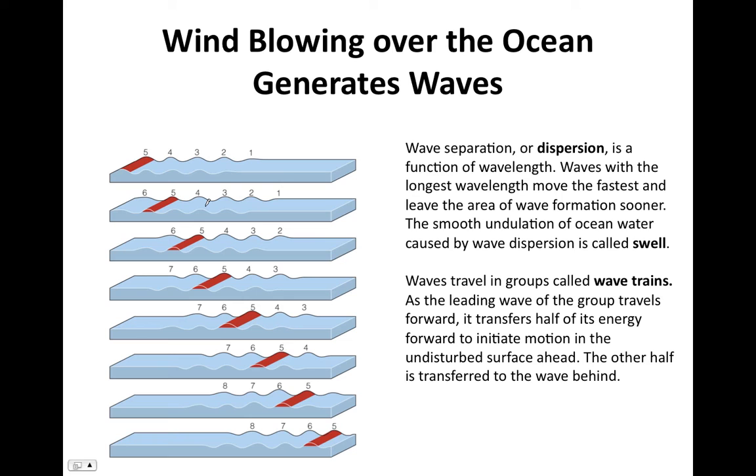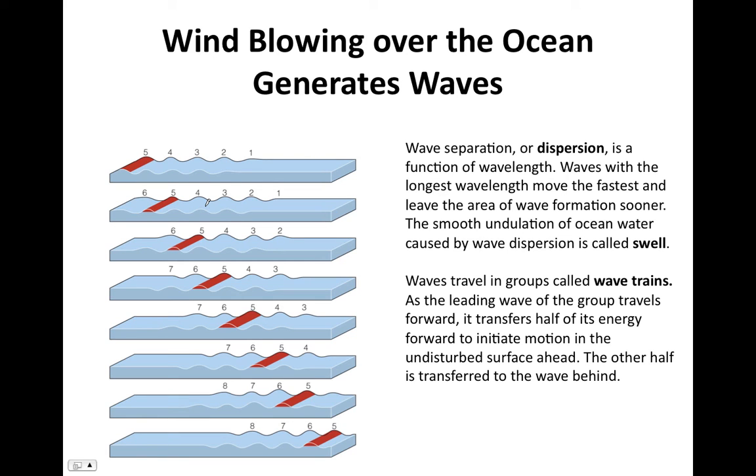And so you begin to have this grouping of waves of similar wavelength, where the longest wavelength waves are out front, then you have slightly shorter wavelength waves behind them, slightly shorter behind them, slightly shorter behind them. And whenever the waves separate into groups of waves of different wavelength, that's called dispersion.